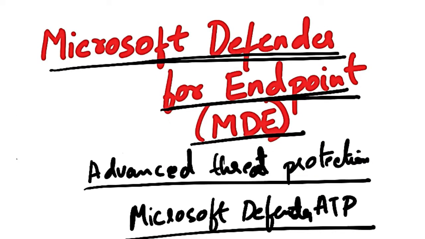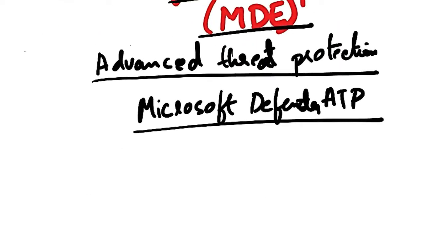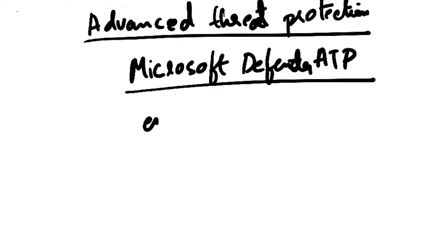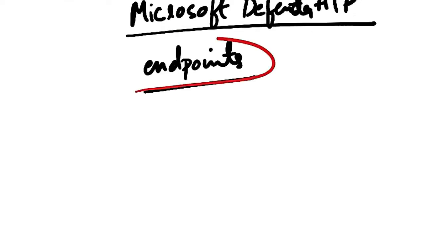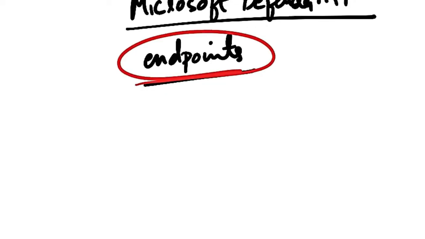Now it is called MDE, Microsoft Defender for Endpoint. It is actually designed to help organizations secure their endpoints. These endpoints can be laptops, desktops, phones, mobile devices, tablets, PCs, access points, routers, firewalls, and so on.